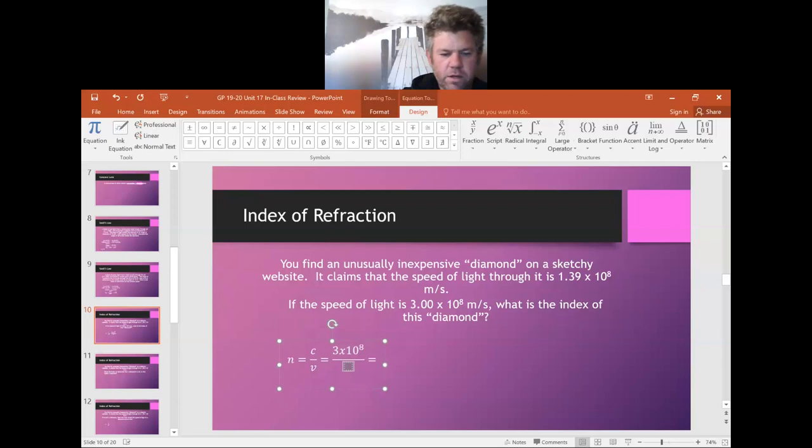The speed through the so-called diamond is 1.39 times 10 to the 8th. All right. So what we do, we're just going to take 3 times 10 to the 8th. Now, if you're using the caret button, again, you've got to use parentheses in the bottom part. In fact, I'm going to put that in right now, just so that we make that a little bit more obvious for ourselves.